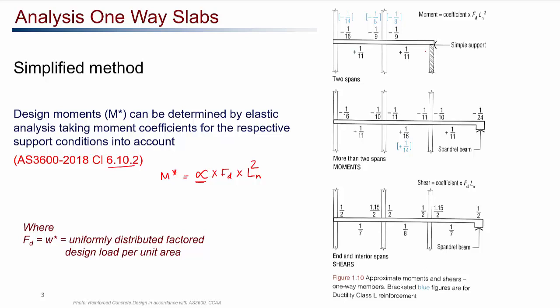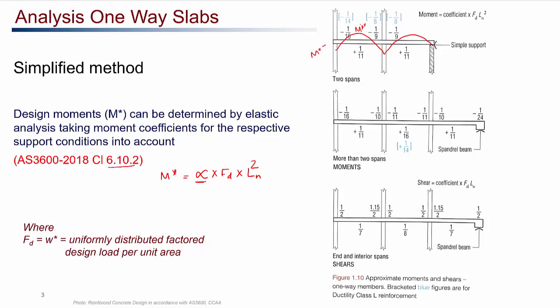For example, for the two span slab as shown in the first diagram, you will have a negative moment at the support due to some fixity, and if it is a simple support, the moment is 0, and there is some positive moment at the middle span and some negative moment at the middle support. So the bending moment diagram of this slab would look something like this, with M star positive and M star negative.